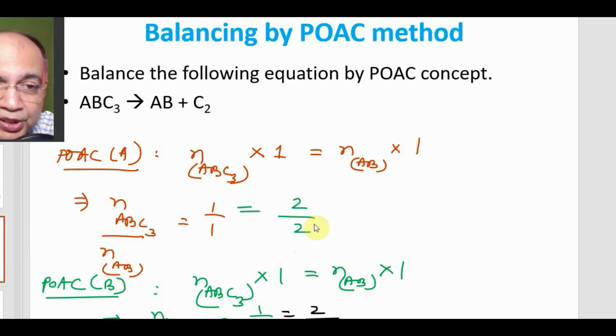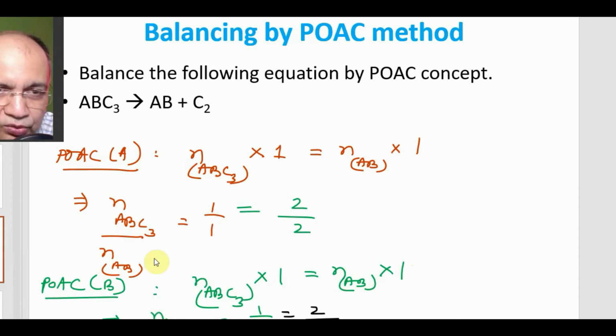Applying POAC to B, it is the number of moles of this into 1, number of moles of this into 1. So the ratio between this reactant and AB is 1:1, that is 2:2.